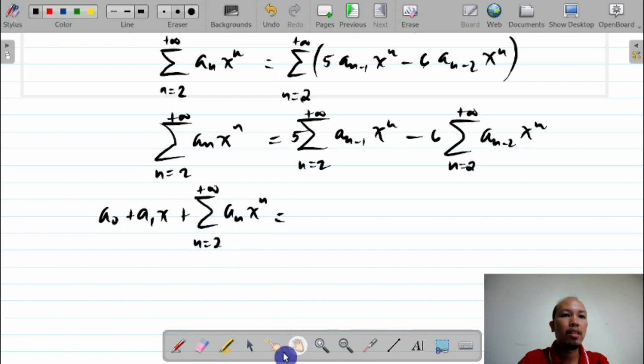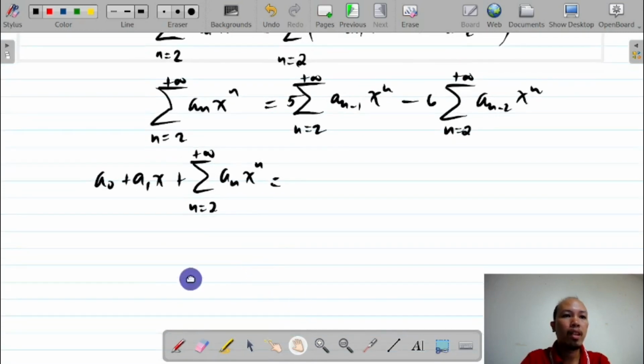This is our A of x. That's getting uglier. Let's try this one here. A sub n x to the n starts from 0 to positive infinity.